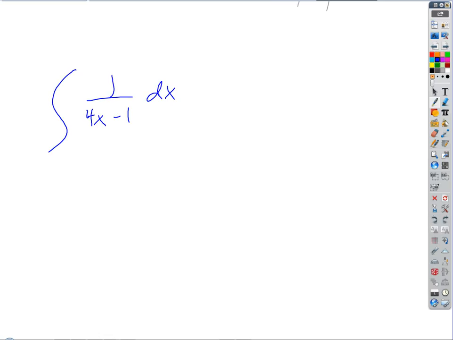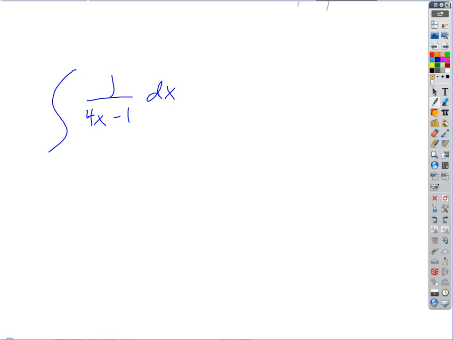So what are we gonna do here? So you can get rid of the one and put the dx on top. We could, but that doesn't look like a standard form. It's just the natural log of 4x minus 1. Okay, so what are you doing there? You're making a u substitution, right?